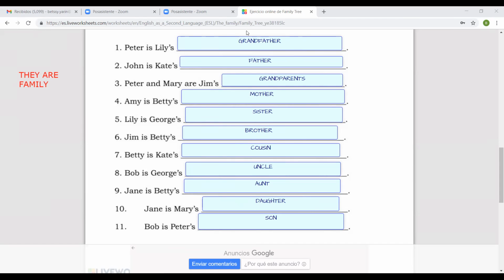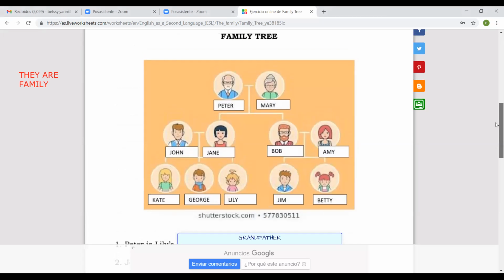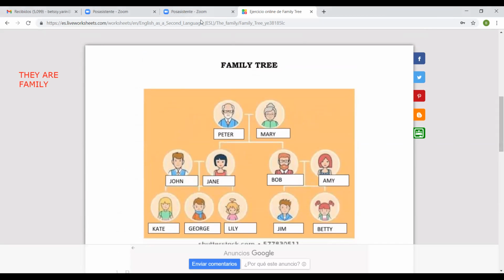Okay, congratulations. What are you going to do for the next week? Which is going to be your homework? Ya les dije, ¿qué van a hacer para la próxima clase, chicos? Family tree. Yes, your family tree, okay? Not Peter, Mary, but about you, okay?